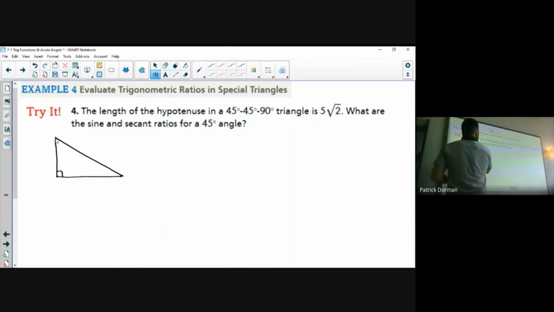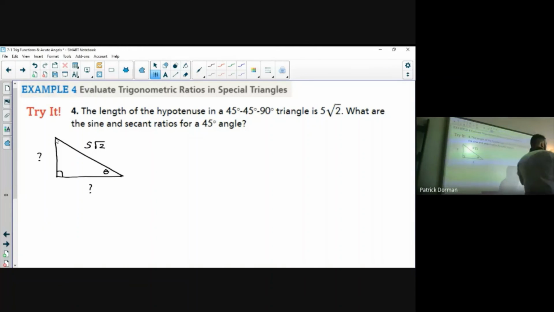The length of the hypotenuse is 5 root 2. What are the sine and secant ratios for a 45-degree angle? So let's just call this one theta. So we need to figure out what these two are. We know that they are the same, okay? We know they're the same.